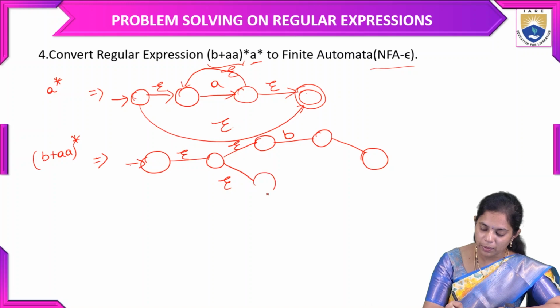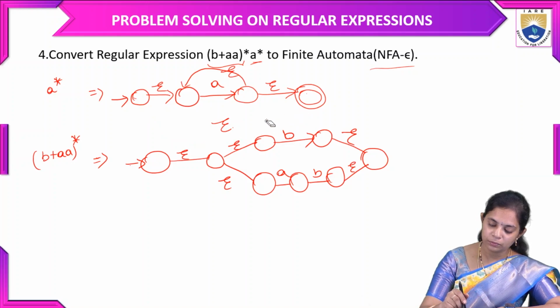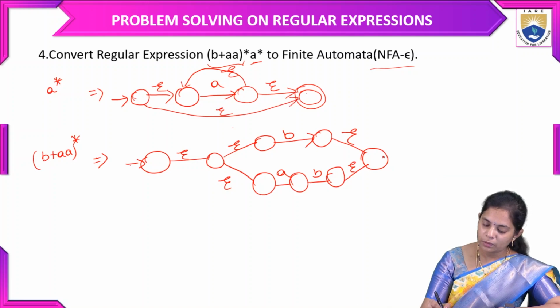So I am taking one more state. It is reaching the epsilon. So here this A, and here also epsilon. And here epsilon symbol. So here it is the final state.